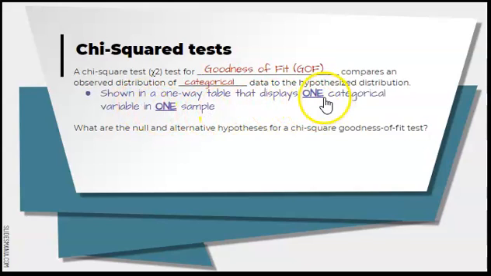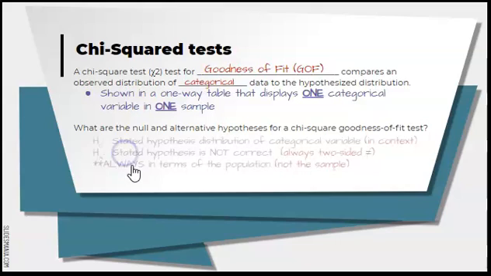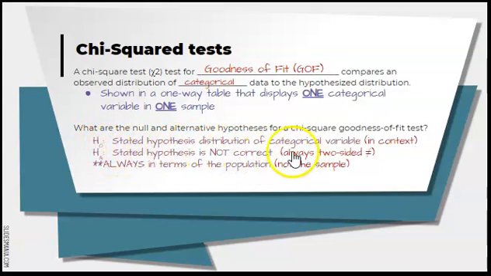It's when you have one categorical variable that's measured from one sample or one population, and they usually give it to you in a table. So when you write the null and the alternative hypothesis, this is what it looks like. The null is that the stated hypothesis of distribution of the categorical variable, obviously in context, is true.